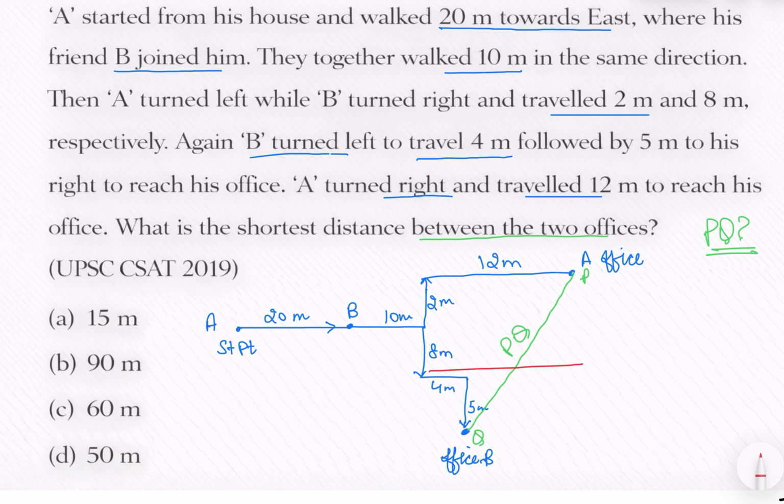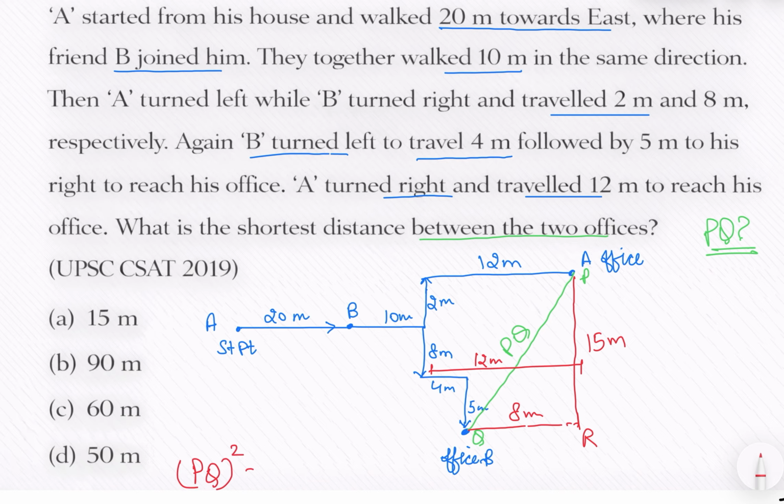This whole is 12 meters, so the QR will be 8 meter. Next, this will be 2 plus 8, that is 10, plus 5, 15. We have to find PQ. We will use the Pythagoras theorem.